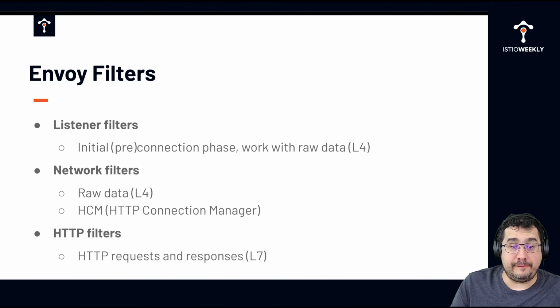These filters are optionally created by the last network filter in the chain. The last network filter in the chain is the HCM filter, or HTTP Connection Manager filter. That filter, the HCM filter, translates raw data from L4 to HTTP data, and then these HTTP filters can then manipulate HTTP requests and responses.